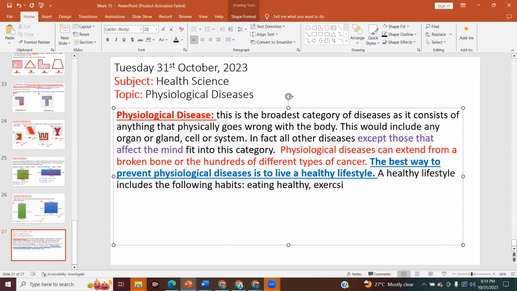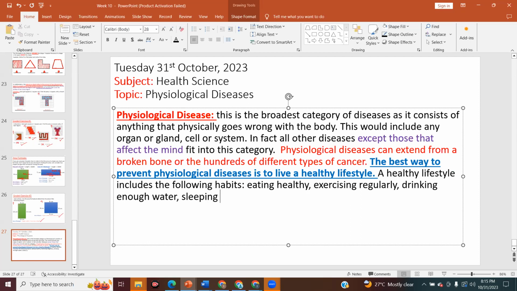Exercising regularly. What else? Drinking sufficient water. Drinking enough water, eating healthy, exercising regularly. What else?